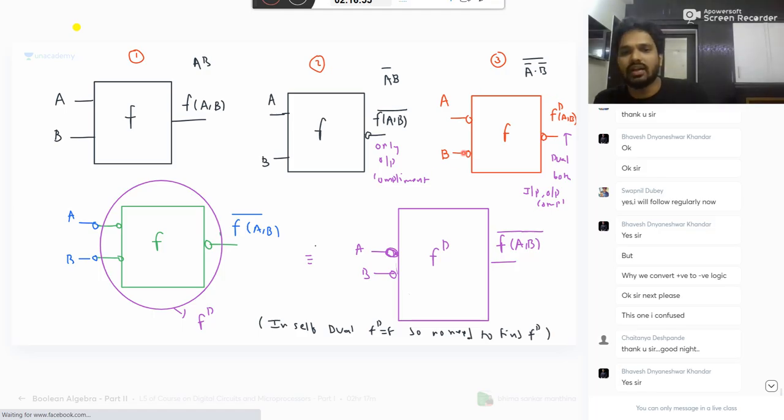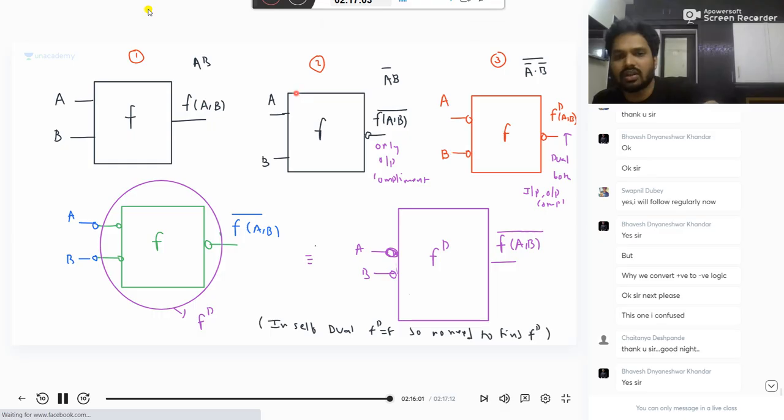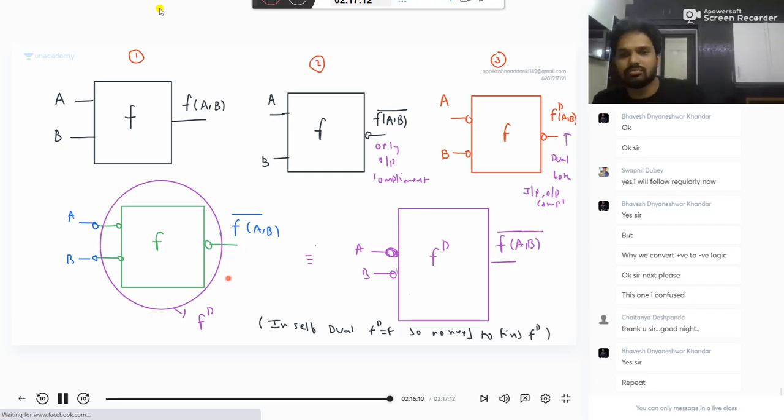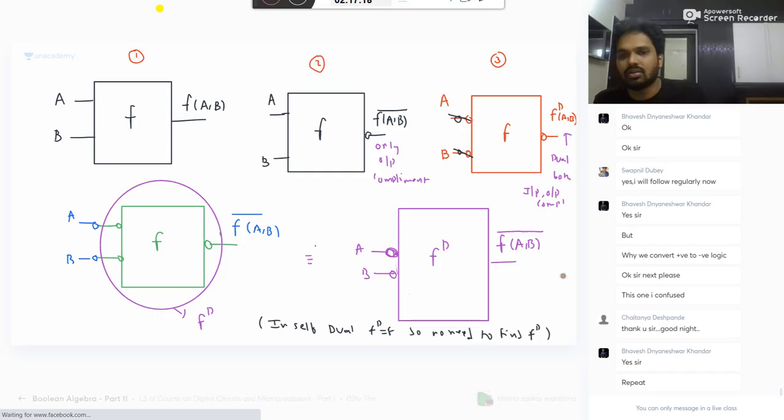Then see here, I replace. If I keep two more bubbles here, these two bubbles cancel. And again you will get this complement. So what I want to try is I want to make one circuit for complement using dual. That's all. If you keep here two bubbles, what happens? These two bubbles cancel. Bubble followed by bubble is inverter.